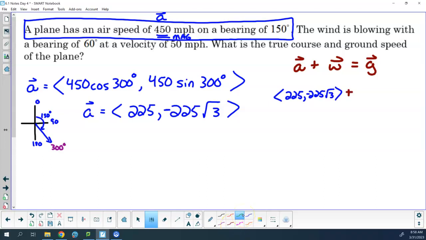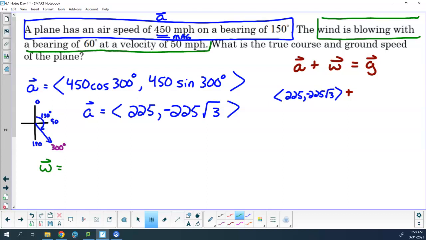Now, we need to find vector W. The wind is blowing with a bearing of 60 degrees at a velocity of 50 miles per hour. So my wind is going to be 50 times the cosine of, now we've got to figure out that angle.